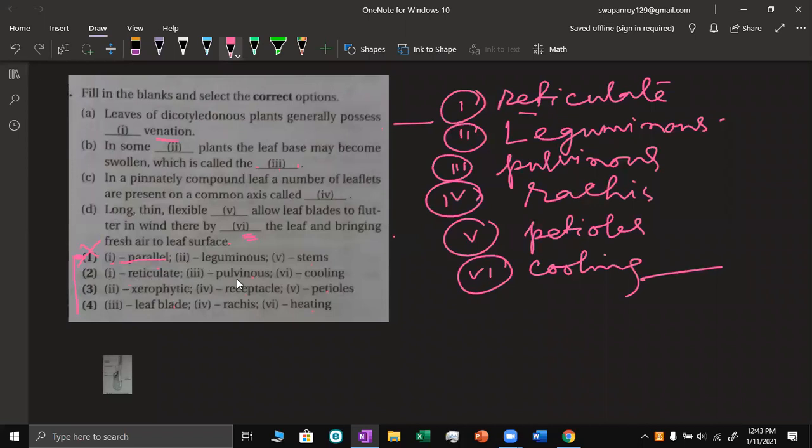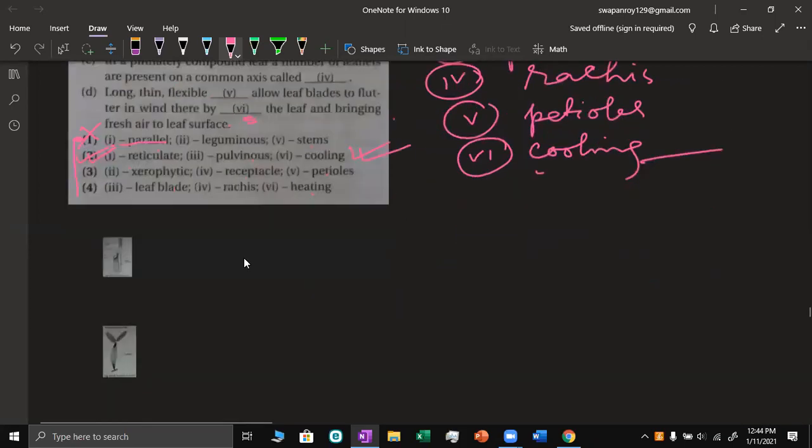Three, pulvinus, that is also correct. And six is cooling. It means this is our correct answer, number two option. All right. So this type of fill in the blanks you have to do in this way.